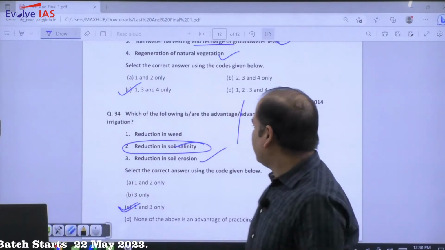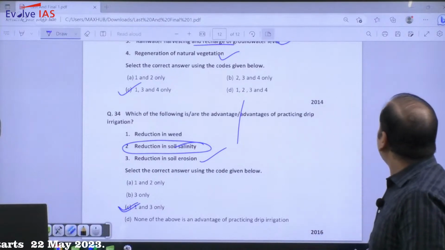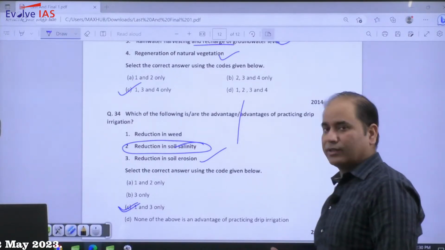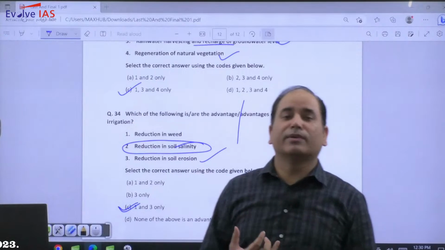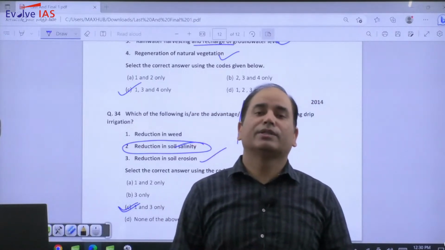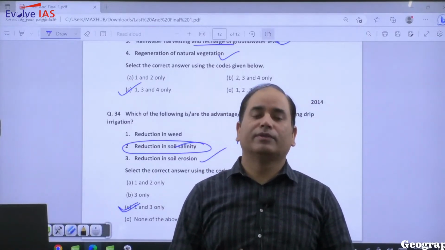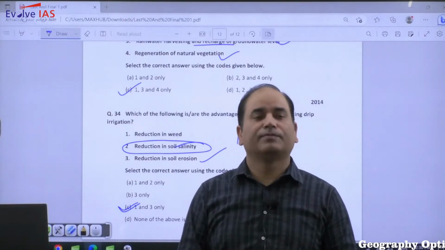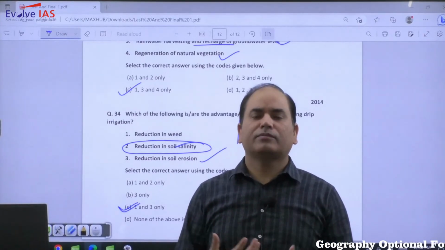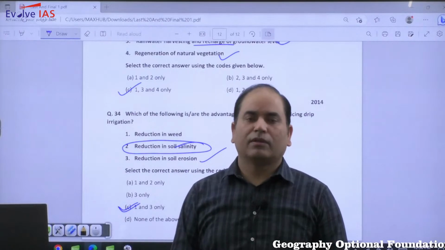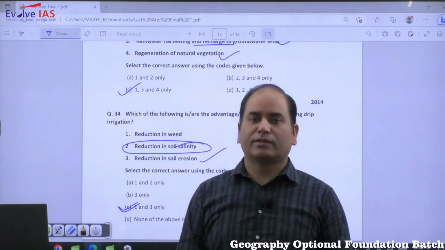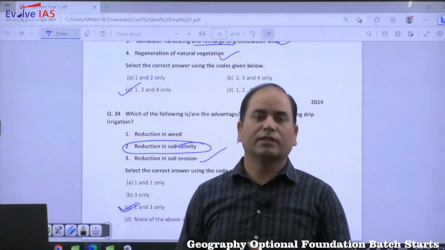I am hopeful that after going through these questions you must have got some insight into how questions are asked related to the physical part of India's geography, and I have given lots of conceptual information, so you must be benefited if you go through the session.